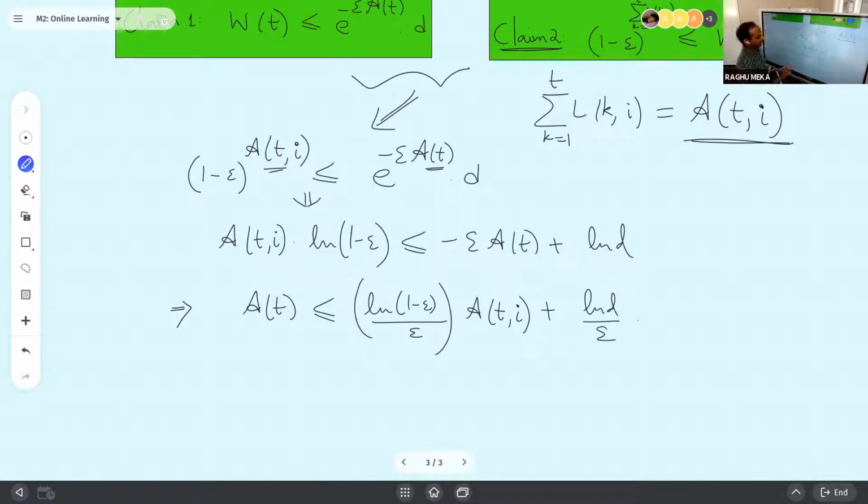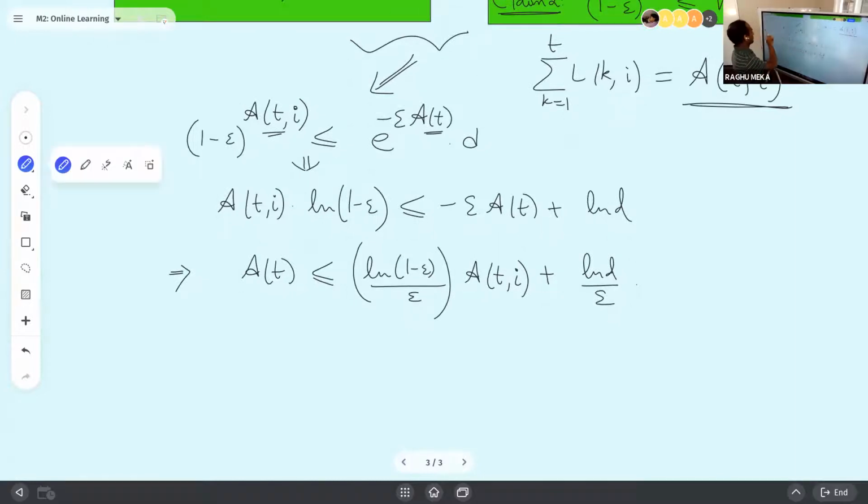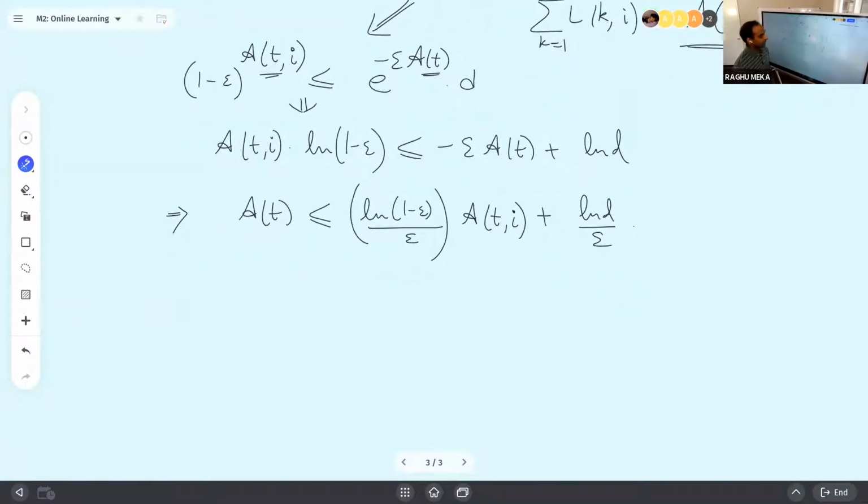I moved the epsilon A of T to the other side and did some elementary manipulations to get that the performance of our algorithm is bounded by something like this times the performance of any expert.